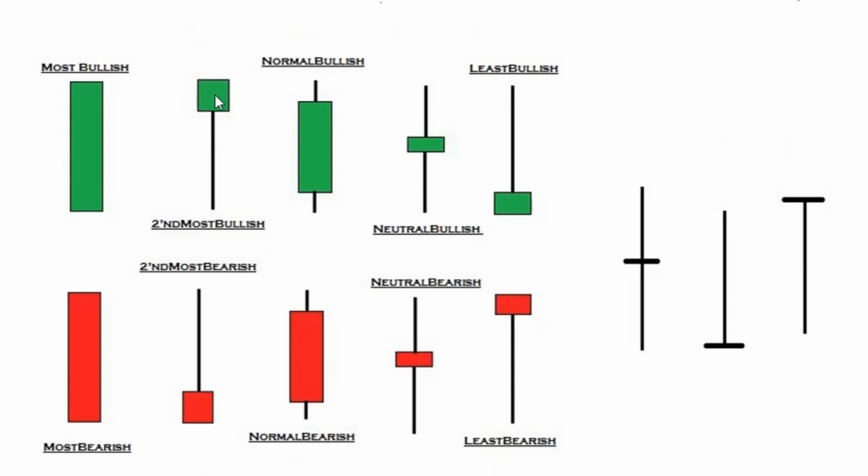This green candle opened over here, it came down until this point and made a low, and then the bulls showed their power. Then the buying came, and it went up, even higher than its original opening point, and closed at the highest possible point.